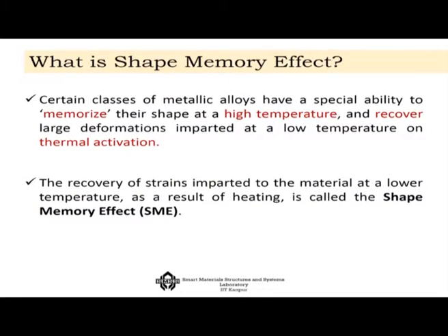So I would rather say generally it is to memorize the shape at a high temperature. In the case of a two-way effect it is both low and high, but otherwise it is at the high temperature, and then you bring it to low temperature and do whatever you wish, the large deformations. Finally, as the thermal activation takes place, you will see that the same shape is back again.